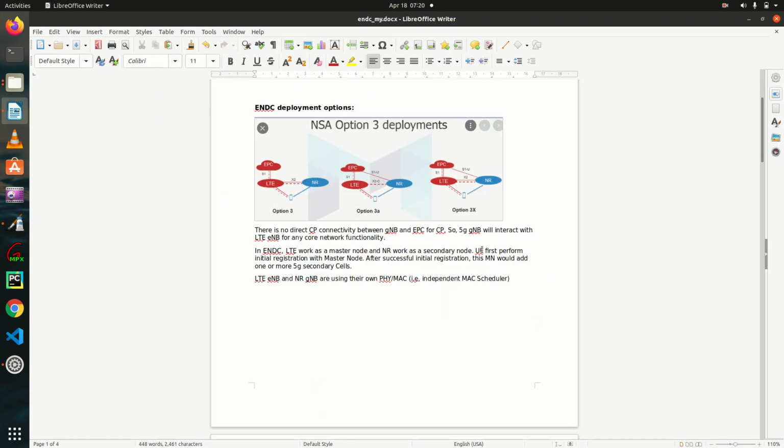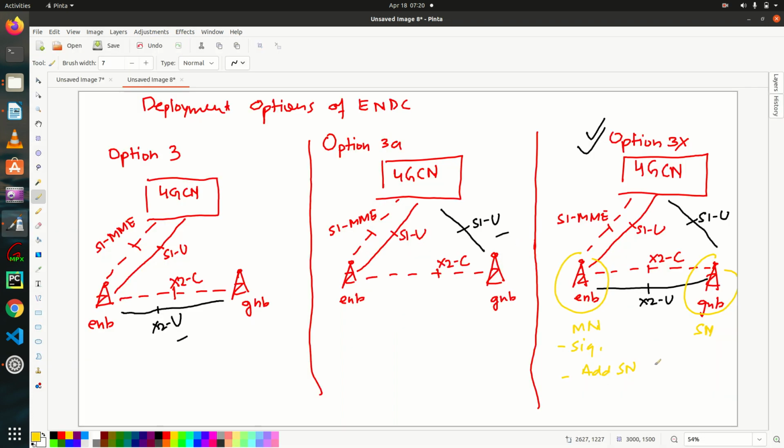The UE first performs initialization with the master node. After successful initialization, this MN would add one or more 5G secondary cells. When you switch on a UE, it will first perform the initial attach with this eNode B, the normal RACH procedure, RRC connection establishment, everything.